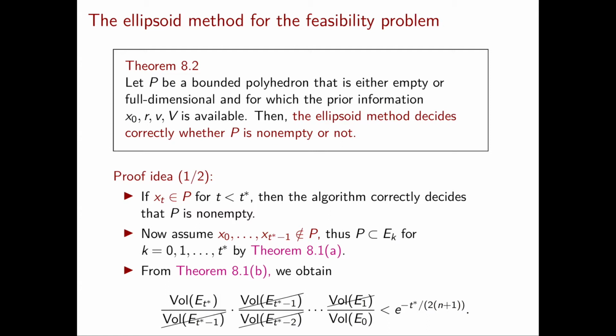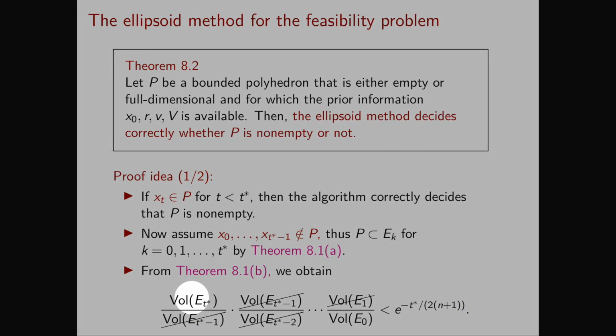So we break down our ratio as the product of ratios of volumes of consecutive ellipsoids. So we first consider the volume of E_{t star} divided by the volume of E_{t star minus 1}, then the volume of E_{t star minus 1} divided by the volume of E_{t star minus 2}, and so on and so forth. At the very end, we consider the volume of E_1 divided by the volume of E_0.